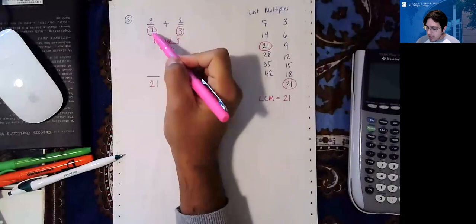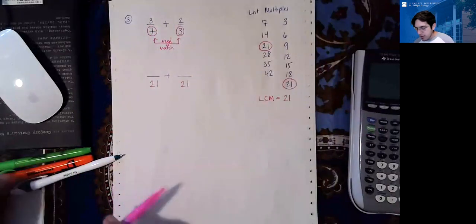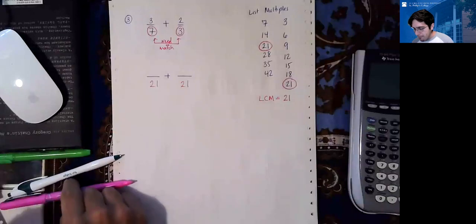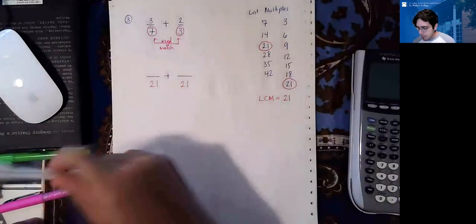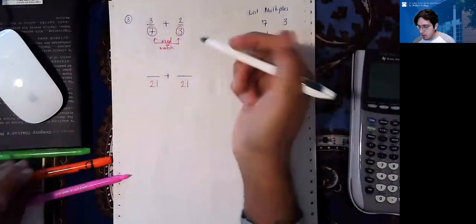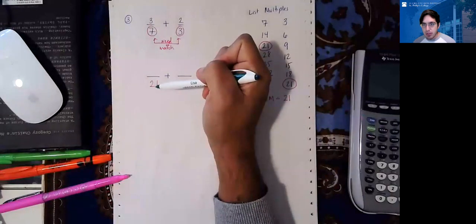But how can I change this 7 and make it turn into a 21? What do I need to do? Is it divide? Well, I want to get the 7 and change it somehow so that it grows to a bigger number and becomes 21.